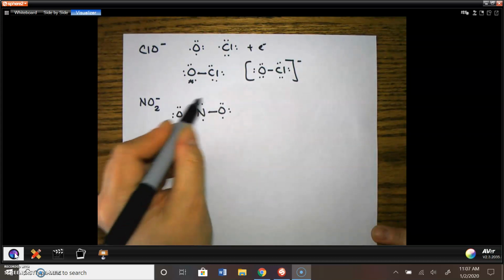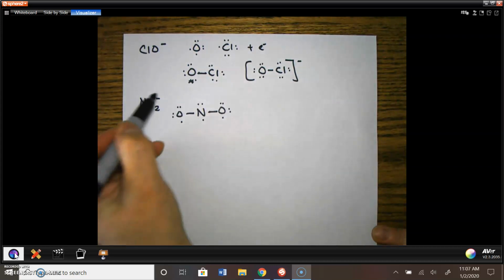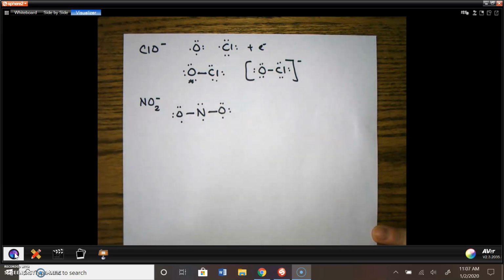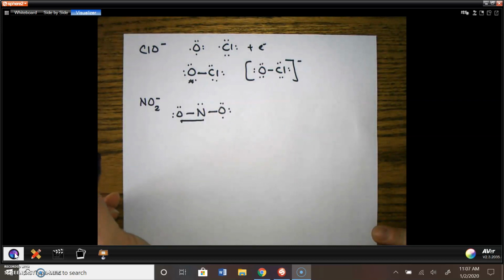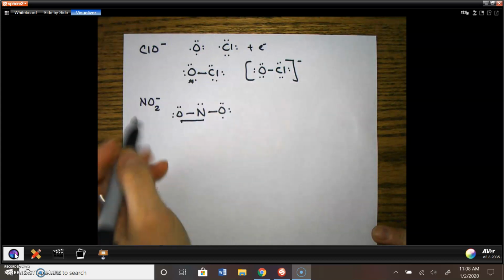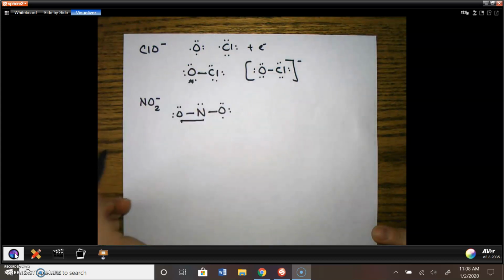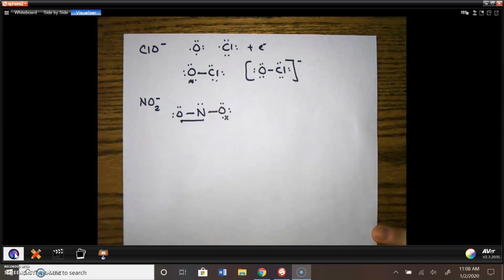Okay, but now I've got this situation. I've got 3 electrons, but wait, I have 4 electrons that need pairing up. Well, if I do a double bond here, that takes care of oxygen and nitrogen, but this oxygen is still short, but I've got that extra electron. So if I put that extra electron there, there's the extra electron.